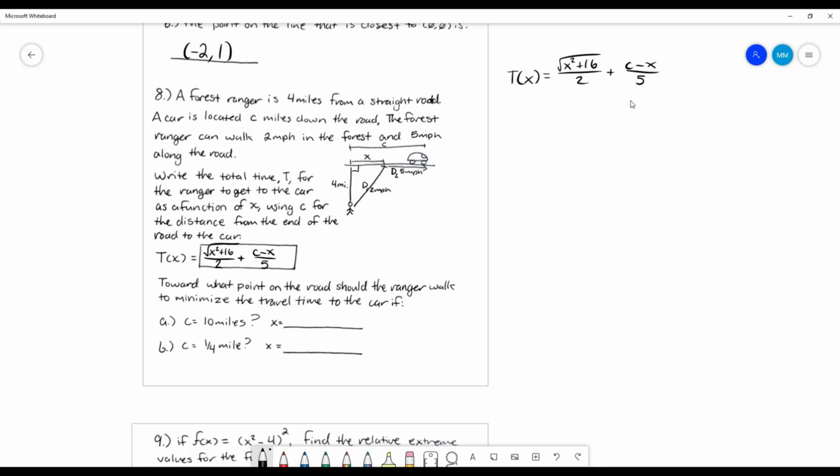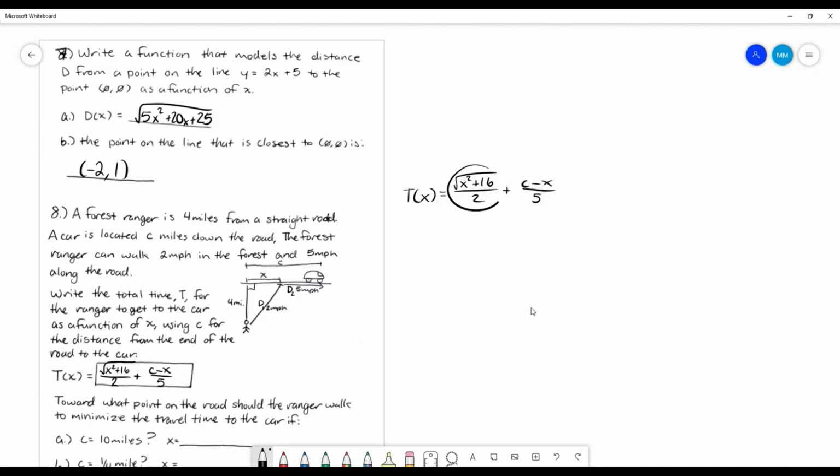Okay. And so first we want to take the derivative of this first part here. Well, I know that's the same as this, so I can apply chain and power rule there. So the derivative of my outside is going to be 1/2 times the inside to the negative 1/2 times the derivative of the inside. It's going to be a 2x. Now if I write that as a fraction, it's going to be 2x over 2, because of that 1/2.